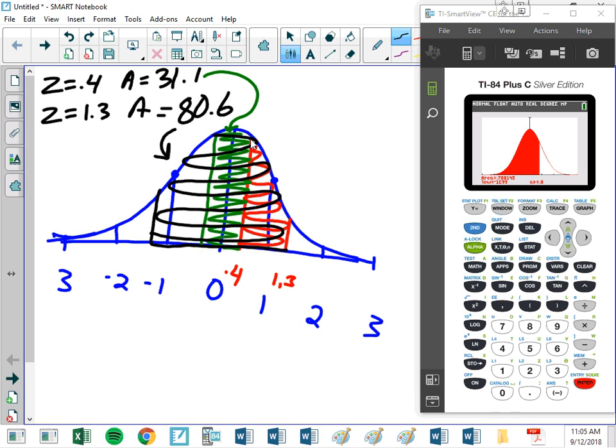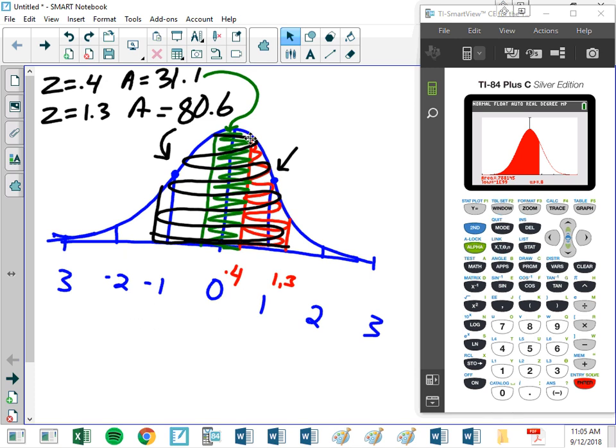So if you notice, the red area right here is half as big as the 80.6 area minus half the area of the 31.1 area. Do you see that? So here's what I'm going to do.